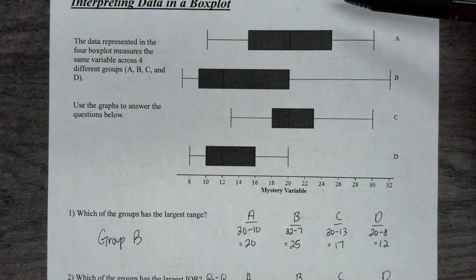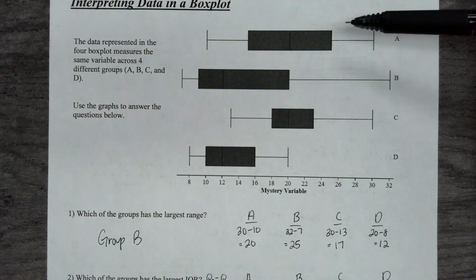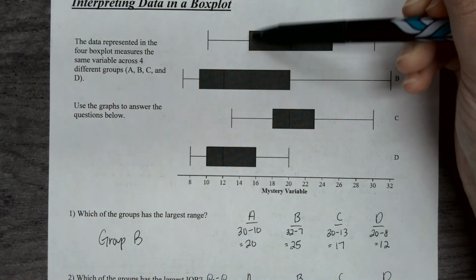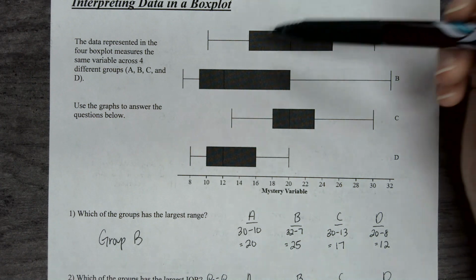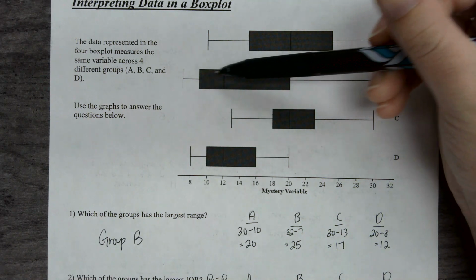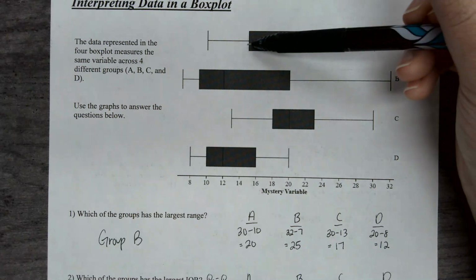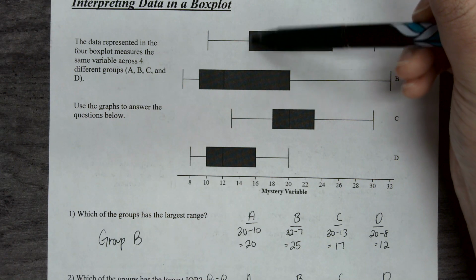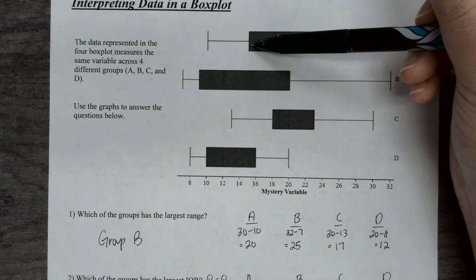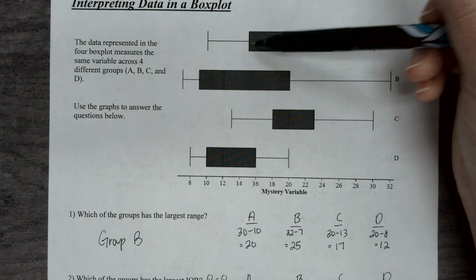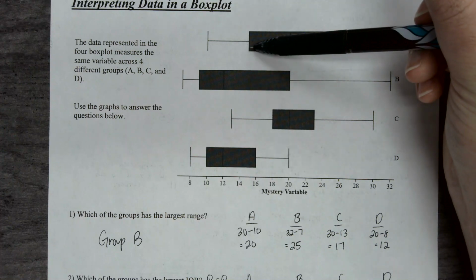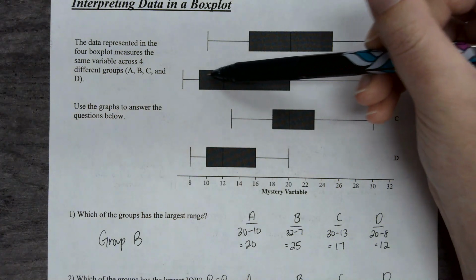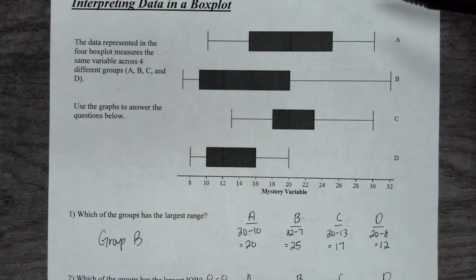You can also say, looking at the other quartiles for A, the first quartile is at 15 for A and is larger than the median and the quartile 1 of group B. So group A's first quartile of 15 is larger than group B's first quartile and median.